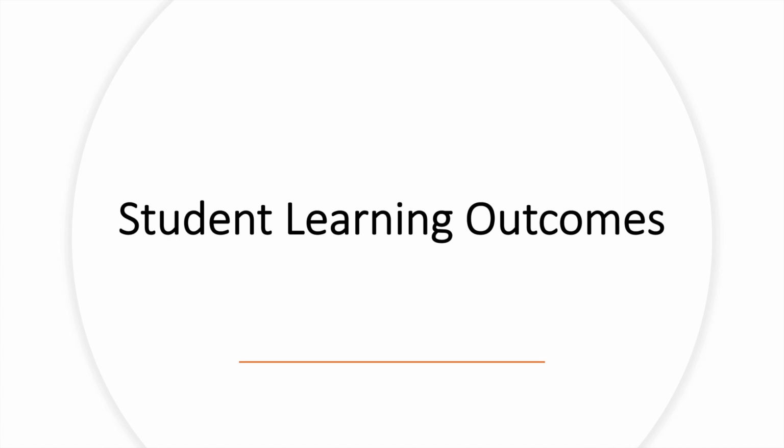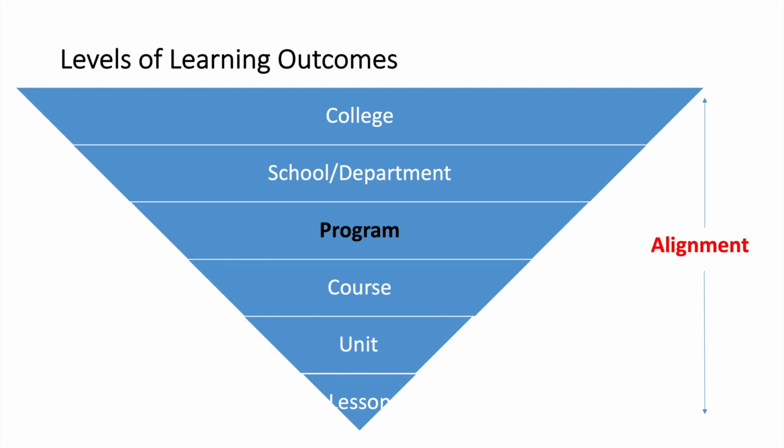Some program learning outcomes even imply what exams and certification tests students should take before they leave the program. Program learning outcomes should align with the college's mission and school-level goals. Learning outcomes at the course level, unit level, and lesson level should align with the program learning outcomes.